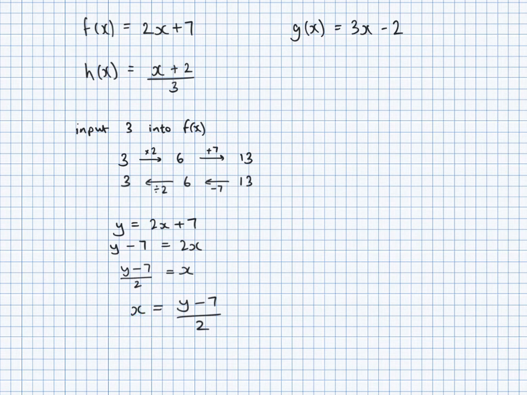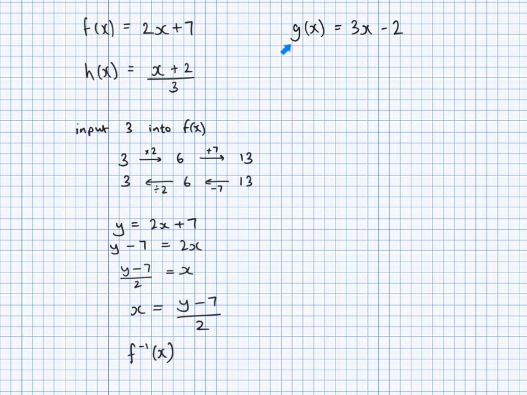This here is a function that when I take my output and do take away 7 and divide by 2, it gets me back my input. Now, to denote an inverse function for f of x, we write f minus 1 of x. This minus 1 isn't a negative 1 power. This is just a notation for the inverse function of f of x.